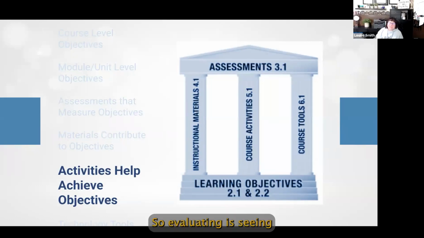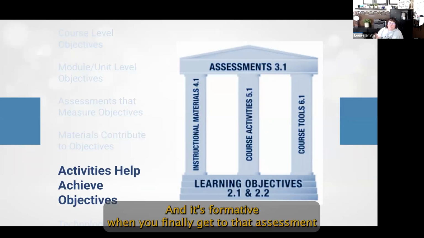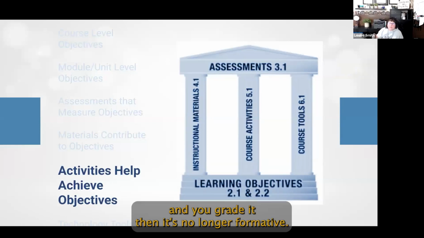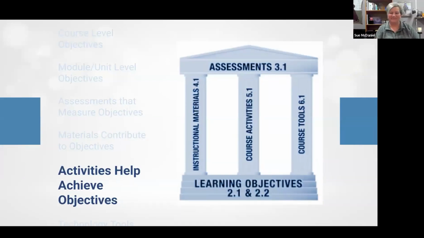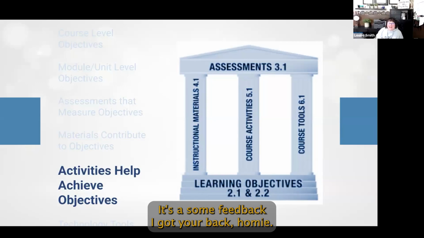Evaluating is seeing where you are in that learning activity, and it's formative. When you finally get to that assessment and you grade it, then it's no longer formative. And I've lost my word. Begins with an S. Summative. There we go. It's summative feedback.